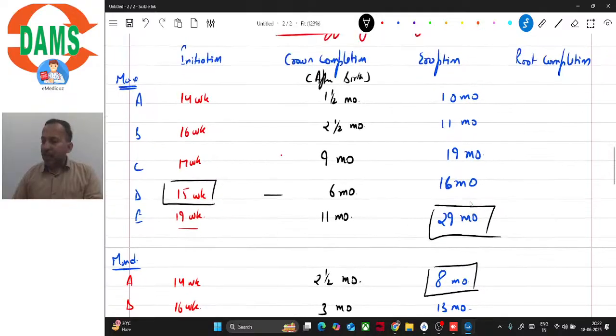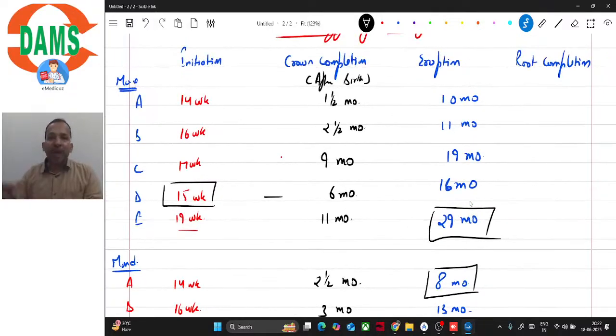Now as far as the root completion is concerned, in case of primaries, it is approximately 1 to 1.5 years after eruption, isn't it? Root completion is approximately 1 to 1.5 years after eruption.